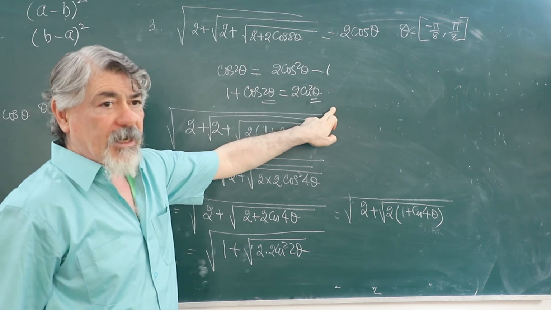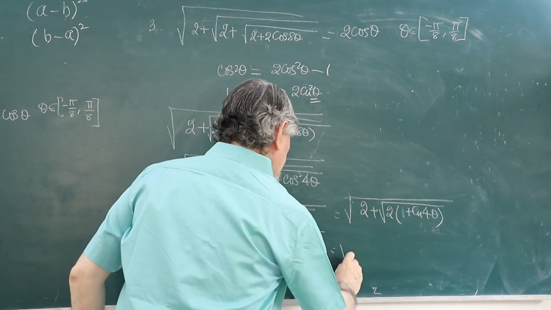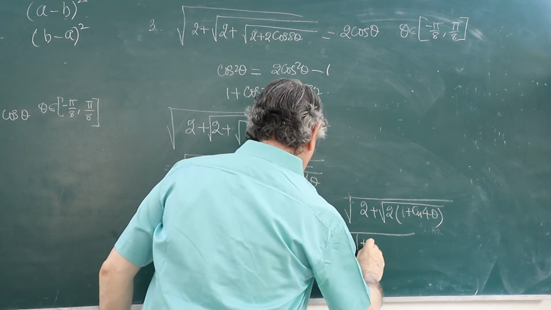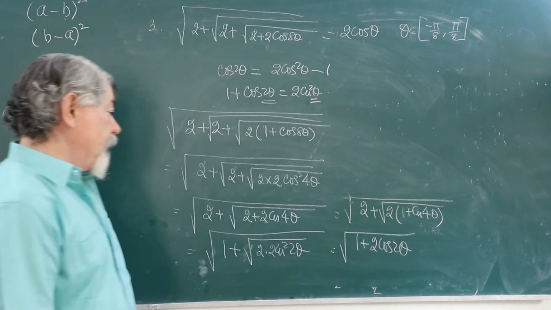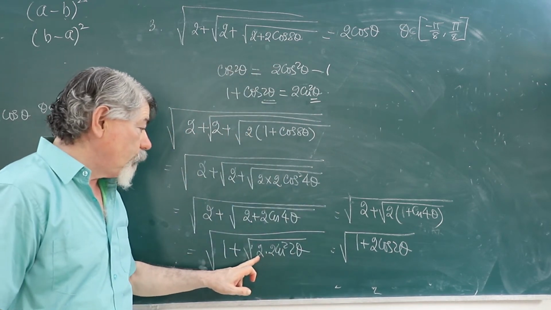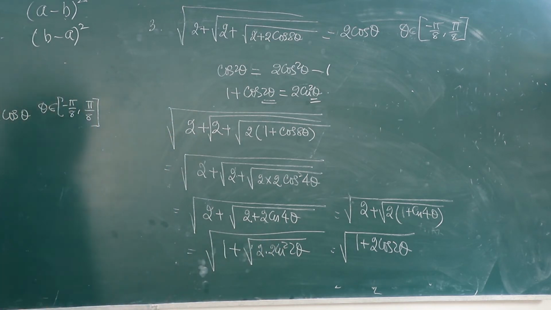So what will you get? 1 plus 2 cos 2 theta. You get 1 plus, because under root 4 will give you 2 and cos square 2 theta will give you cos 2 theta. So 1 plus cos 2 theta.